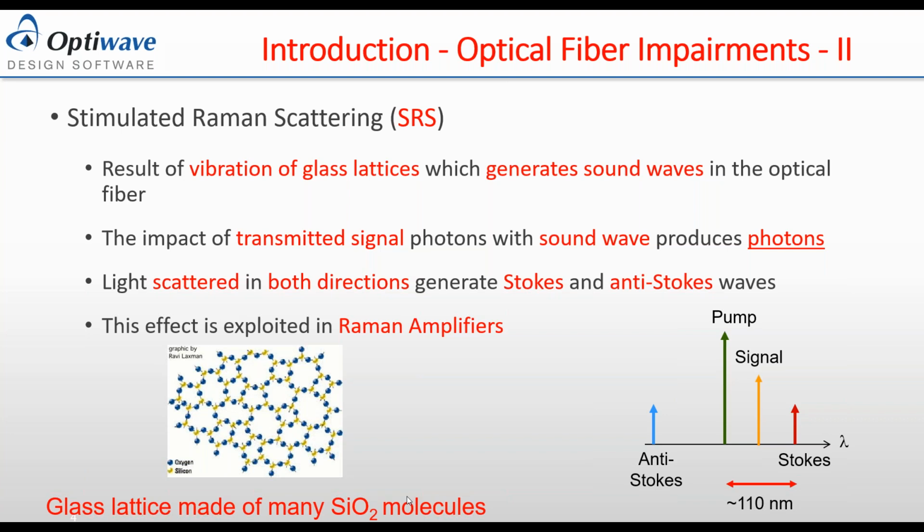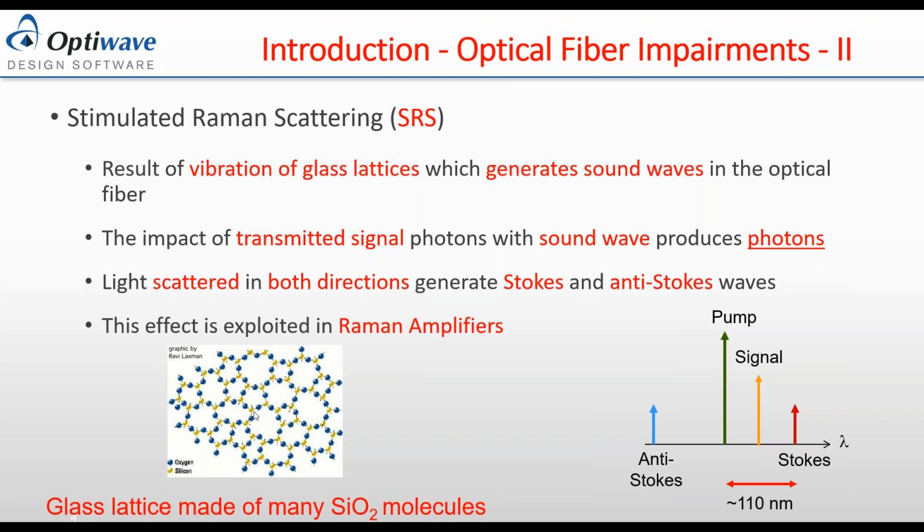So the physics behind it comes from the silica lattice, the glass lattice. You can see that we have SiO2, a silicon atom with 2 oxygen atoms connected to it. This structure, which is the optical fiber, when it vibrates, generates sound waves.